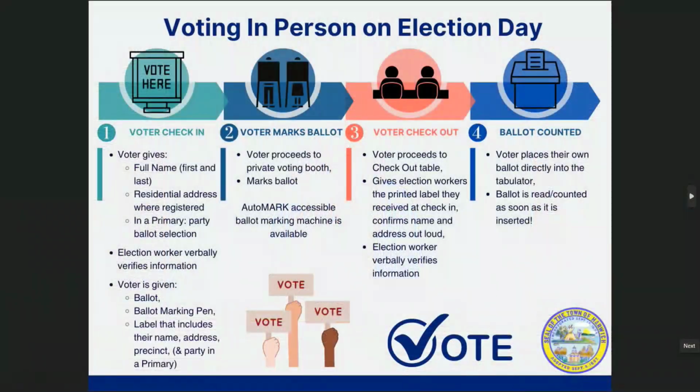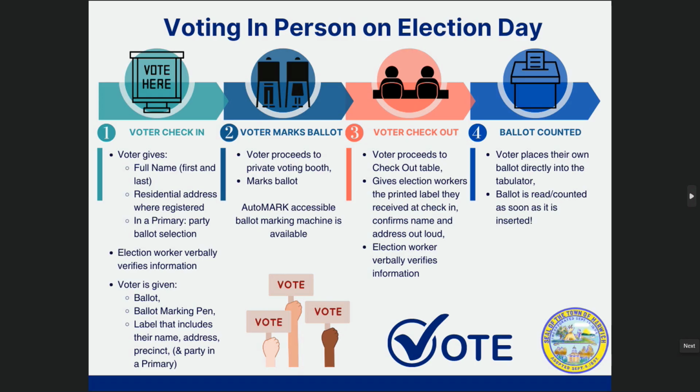They'll check you in that you are voting in that election, and then they will issue you a ballot and a ballot marking pen. You'll take your ballot and your pen and you'll go to one of the voting booths that are set up in that space. You'll take as long as you need to mark your ballot, and then when you're done, you'll go to check out with another team of election workers. You'll give your name and your address again so they know that everyone who has checked in has also checked out.